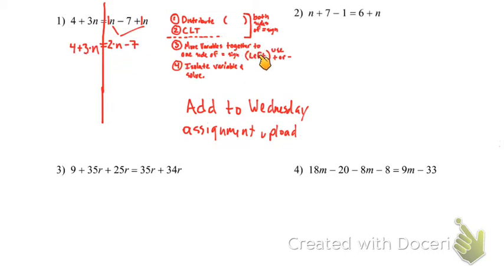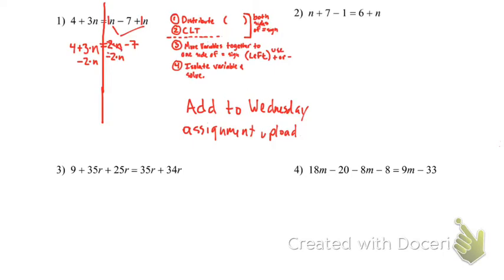How do I move it? You want to use addition or subtraction to move it. So I need to move this 2 times n. It is adding right now. To move it over here, we got to do the opposite of addition, which would be subtraction of 2 times n. And what you do to one side, do to the other.